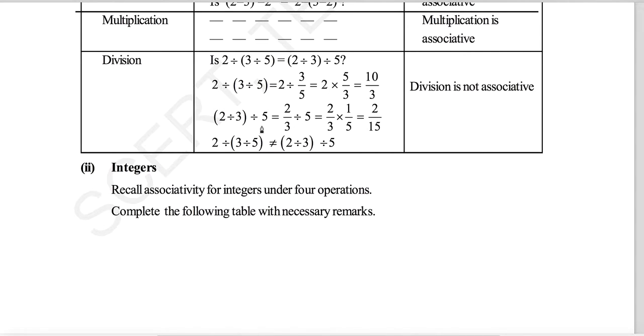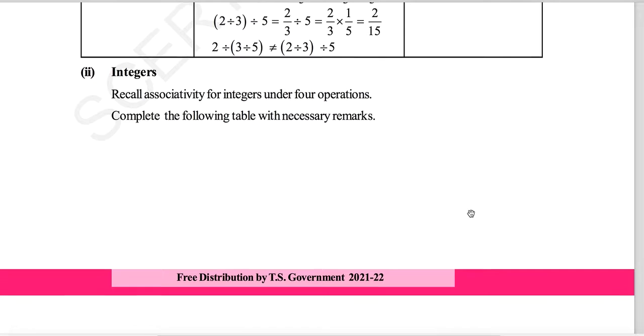Both are not the same. Written here: not equal. So division is not associative. You got the point?